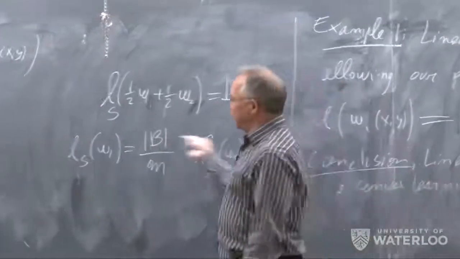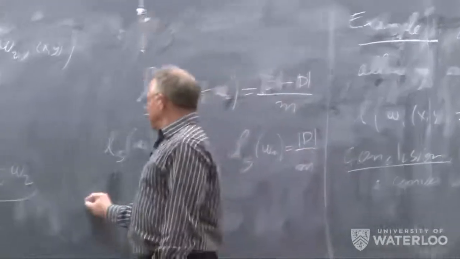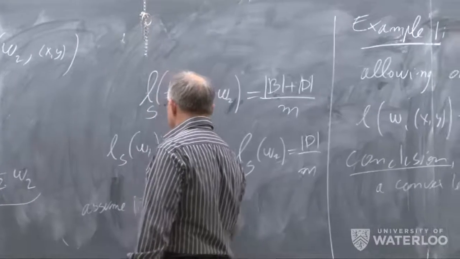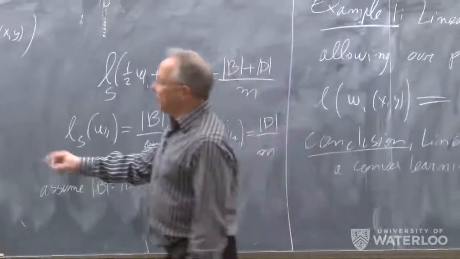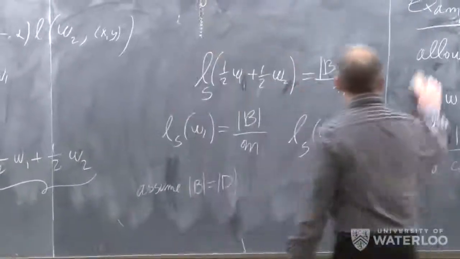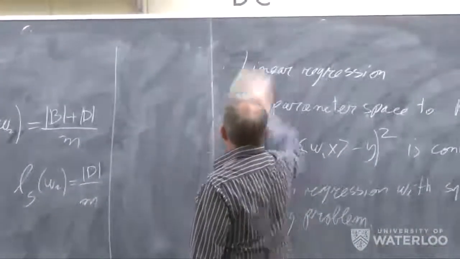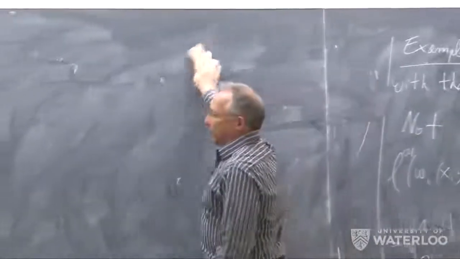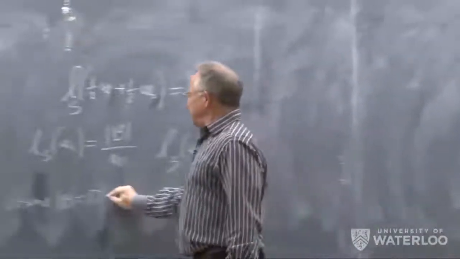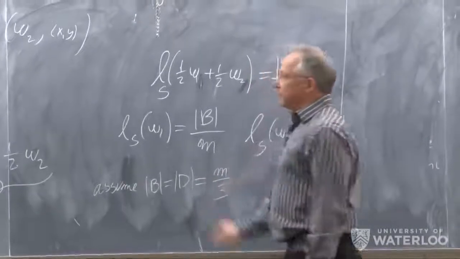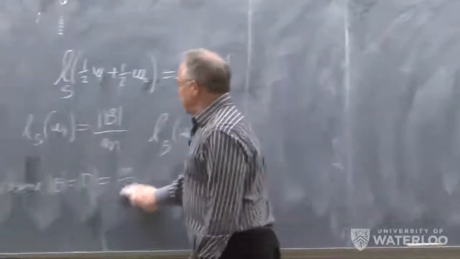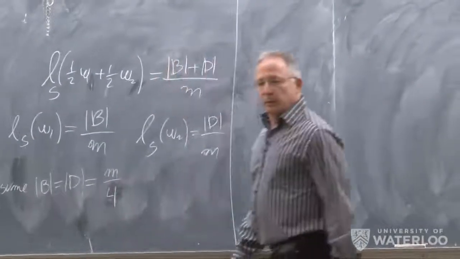So if we assume that B equals D, say B equals, a third of the points, or a quarter of the points. It doesn't matter. A quarter of the points.